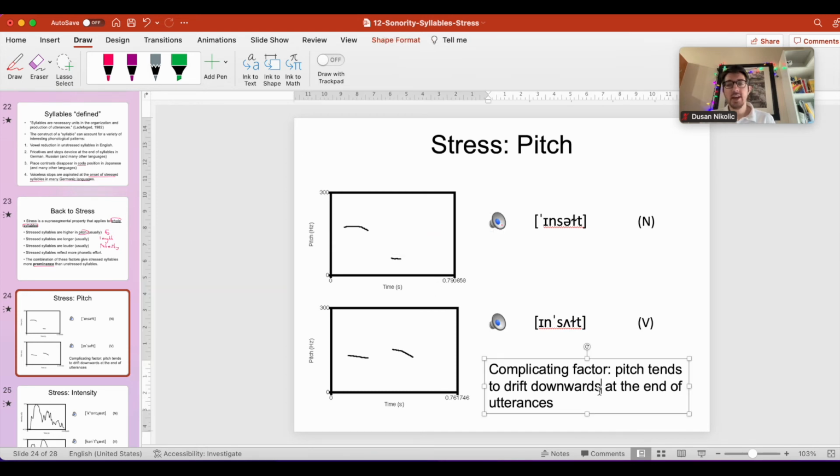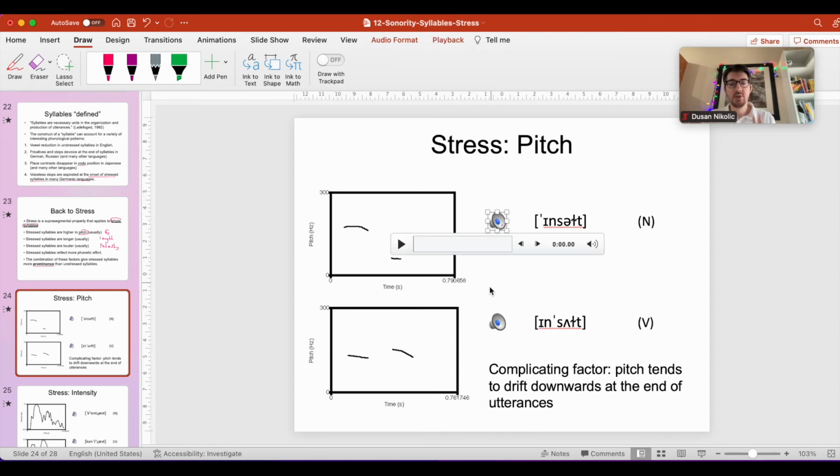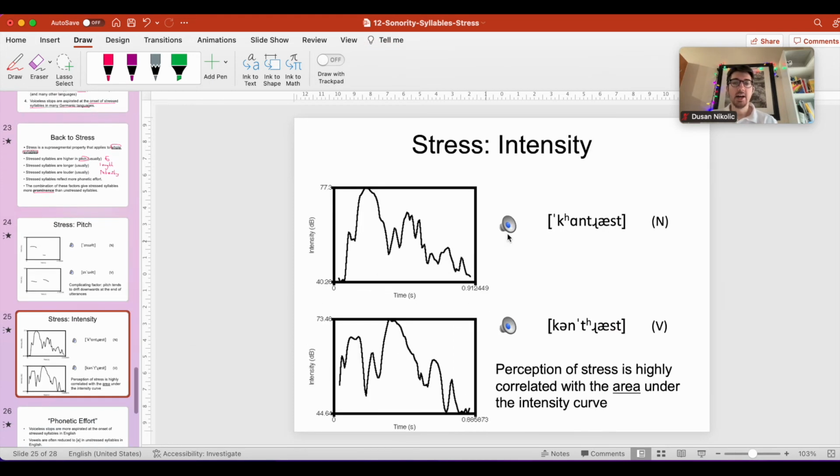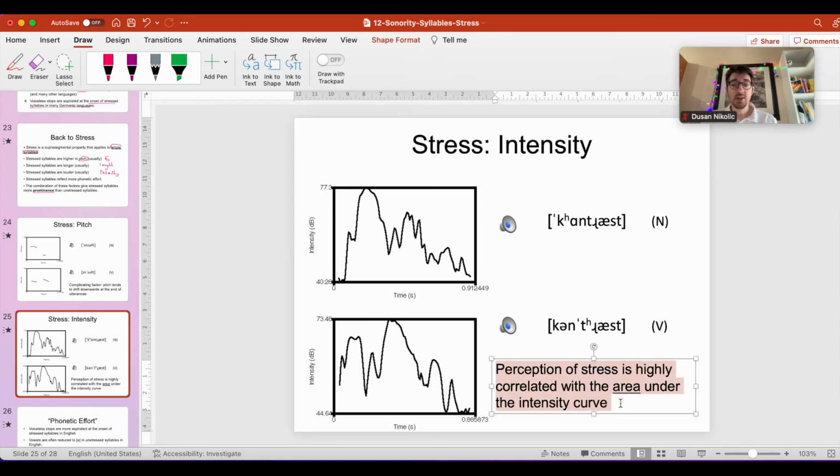Pitch tends to drift downwards at the end of utterances, so pay attention to that. So if I say, oh, I'm getting a lot of insults, pitch would drift down anyway because of the overall intonation. So when we are producing these words individually, it's easier to understand, but in a sentence, it's much more complex.